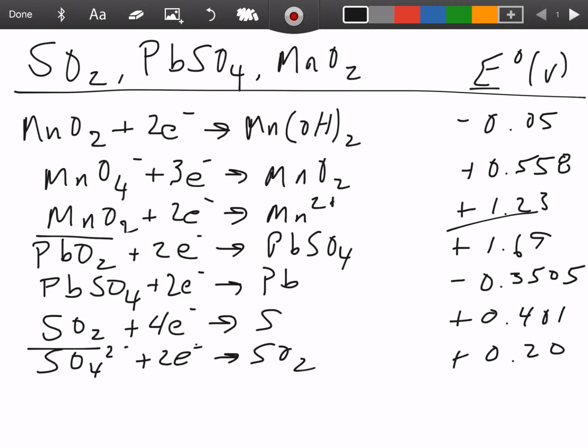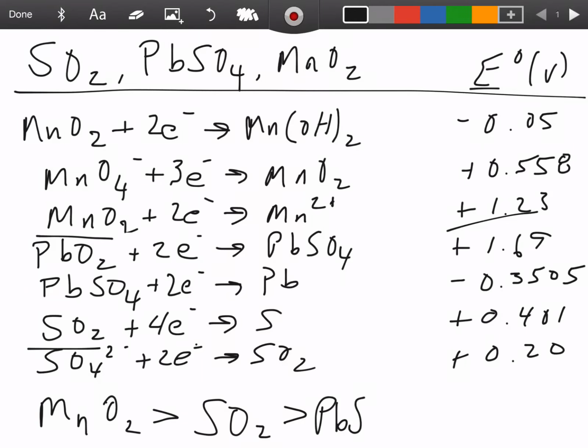And so as far as oxidizing agents go, MnO2 is a better oxidizing agent than sulfur dioxide, which is better than lead sulfate. That is my ordering from best to weakest oxidizing agents.